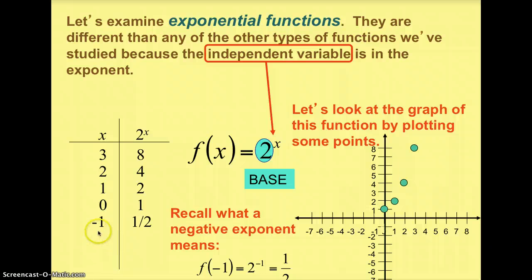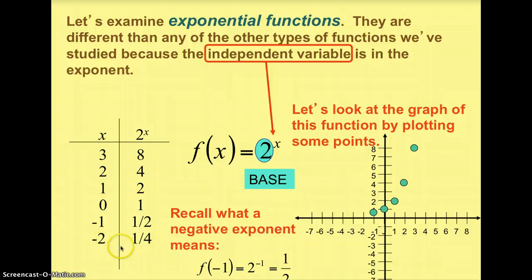Now, if we give the value -1 to your exponent, let's remember that a negative exponent does not mean a negative y value. It only means that you have a value less than 1, or a fraction. So 2 raised to -1 is 1 over 2, which is 0.5. Your point is over here.